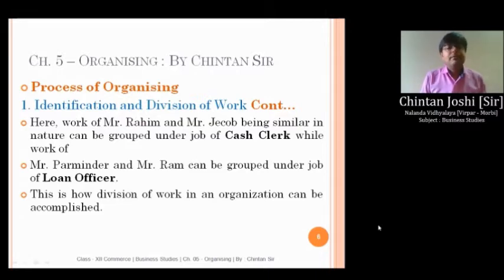This is how division of work in an organization can be accomplished. With the book example clear, I also gave the example of the production house and the sales house, etc. So here the division of work will be done.